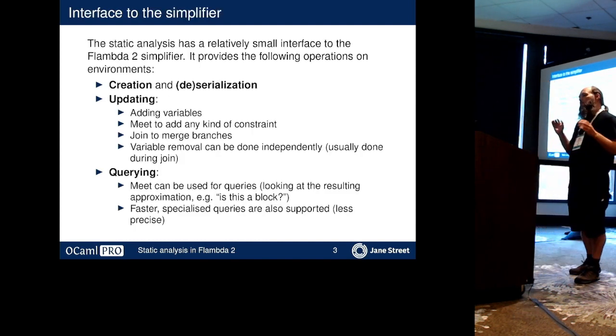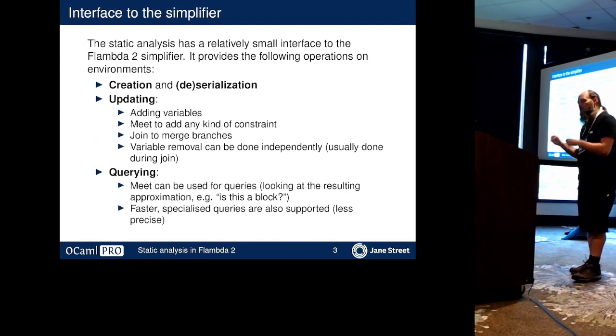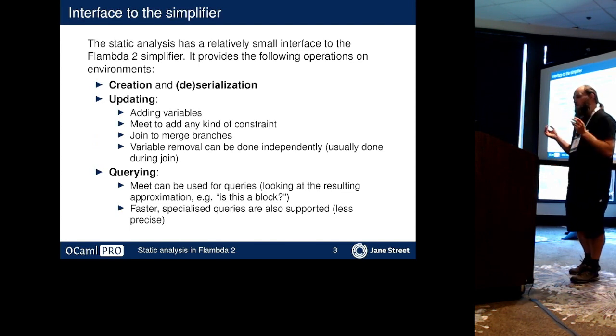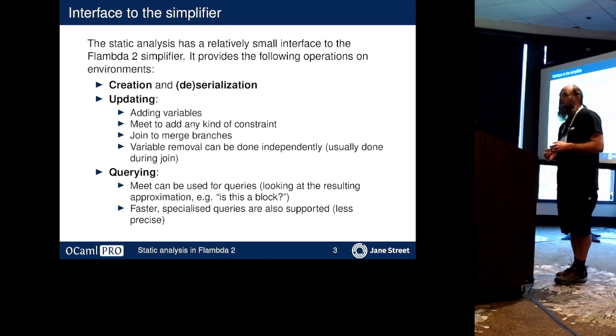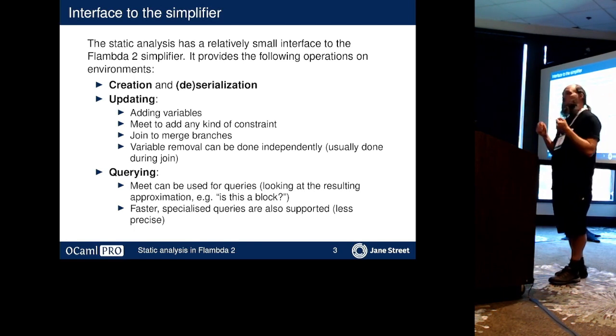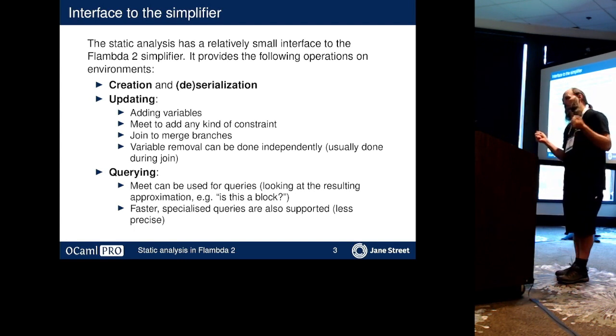The simplifier is something that traverses the code, accumulates information, and then reconstructs the code differently to make the code better. What the analysis exposes to the simplifier is quite simple. We have creation and deserialization of an environment, which is the abstract domain.